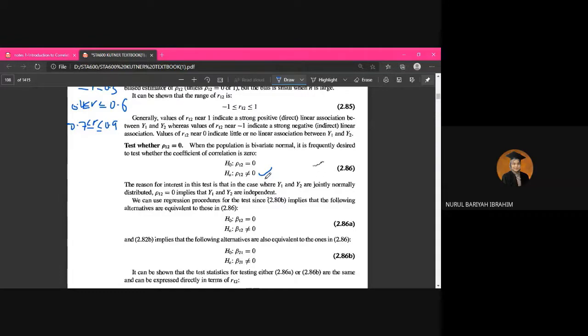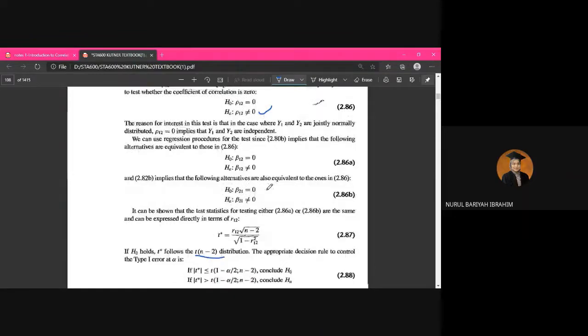So we can significantly suggest that there is a linear relationship between X and Y.